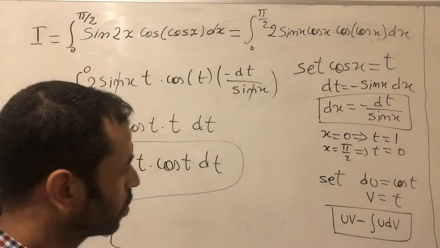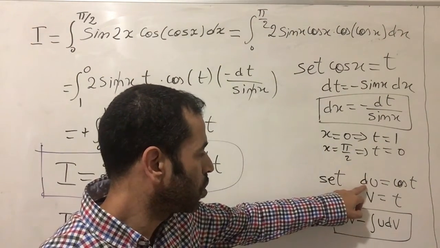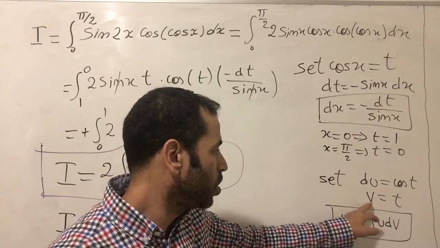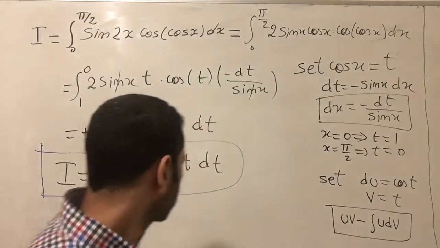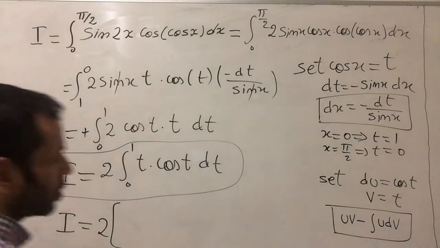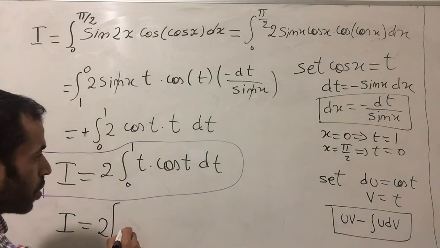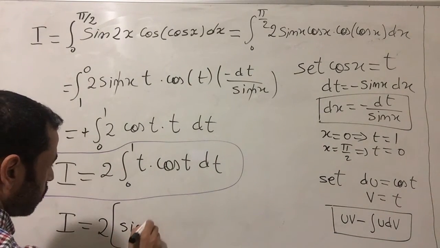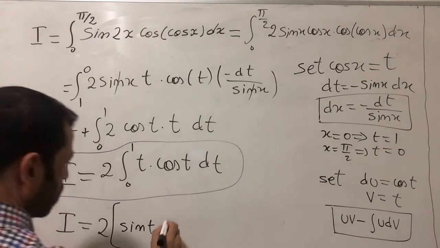So always you bring this one and then you differentiate this function u. So now my integral becomes this form. So v, which is sine of t, times t, I'm going to leave it as it is.